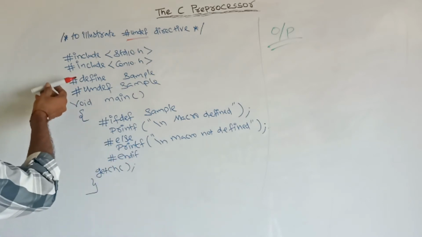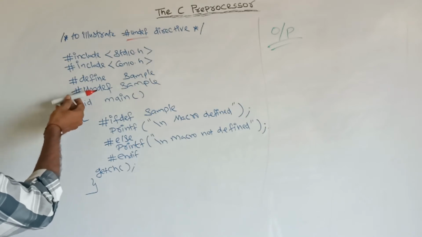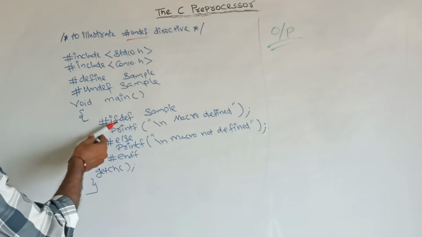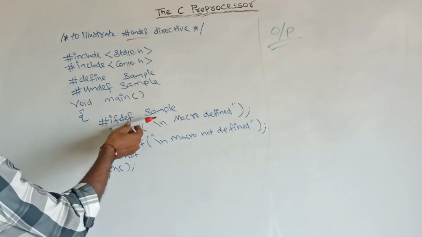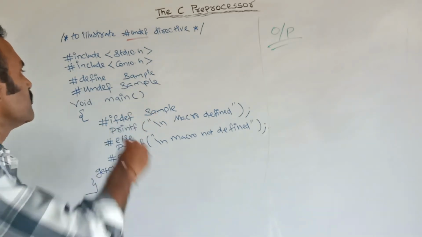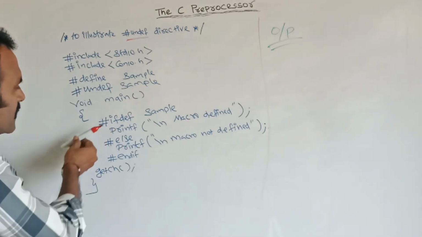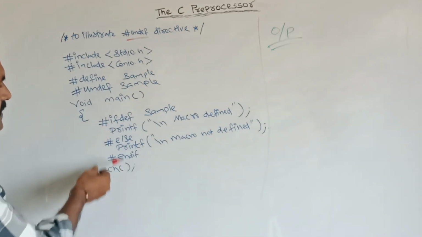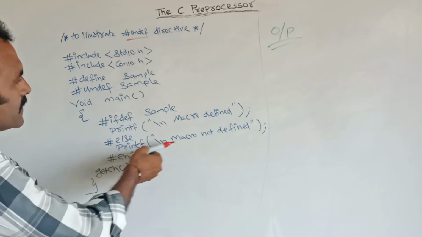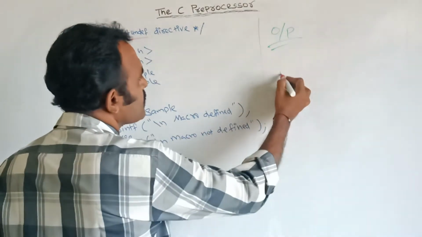Very first I had defined the sample, but in the next step I am undefining it, so this sample will be removed. Here in this step it will check whether the sample is there or not. The sample was not there because with the help of undef I had removed that macro. So this condition is false, and if the if condition is false, then the else part will work. In the else directive I am telling it to print that the macro was not defined. So the output will display like this.